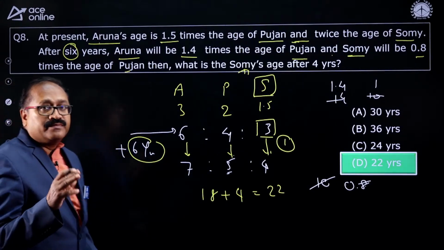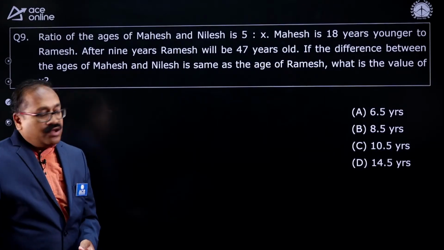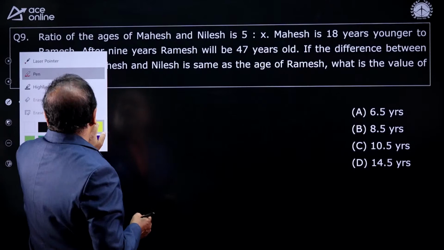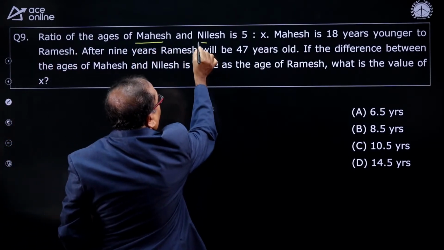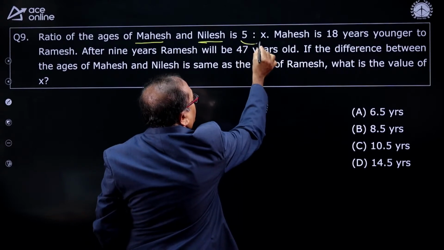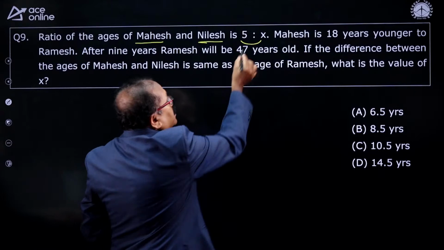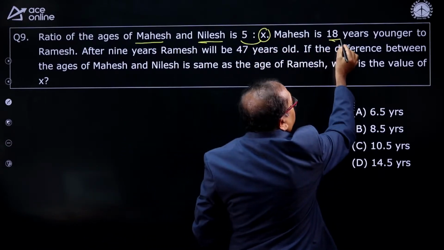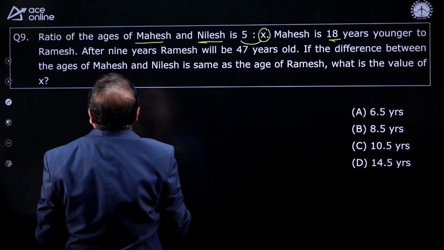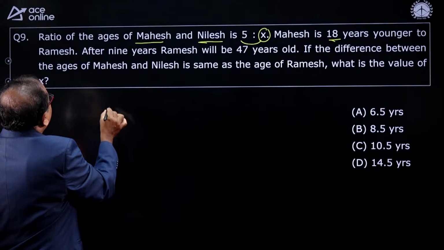Now the next question. What is this question? The ratio of the age of Mahesh and Nilesh is 5:x. So in a ratio we have a variable. Mahesh is 18 years younger than Ramesh. So what does it mean?